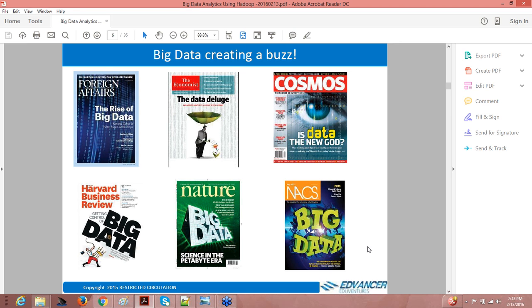Now let's try to understand the term big data. So here is the most accepted definition. Big data is the data which is very large in size. The size can vary from 700 gigabytes to 700 terabytes to several petabytes. It is the data which is generated very fast. Example, many of you watch your television every day. You watch these news channels.